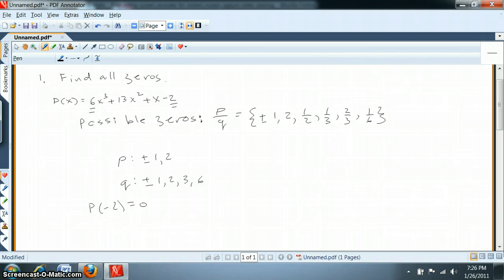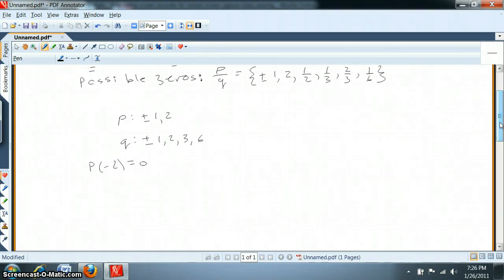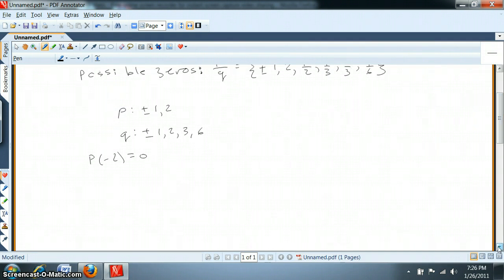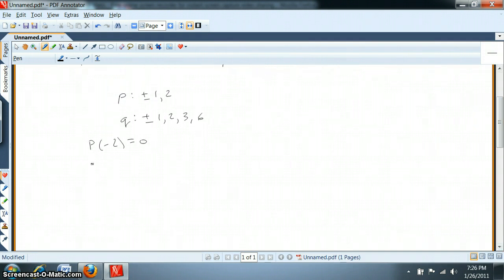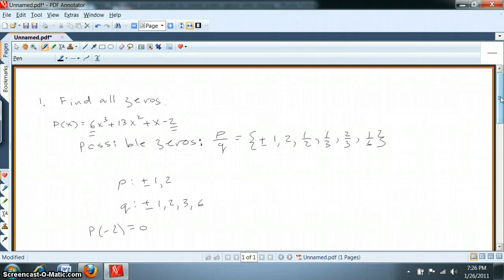So how do we find the rest of the zeros? Let's perform the synthetic division on this. That way we can get the remaining polynomial. So if we have negative 2, the way to do synthetic division, if we recall our polynomial was 6x cubed plus 13x squared plus x minus 2.